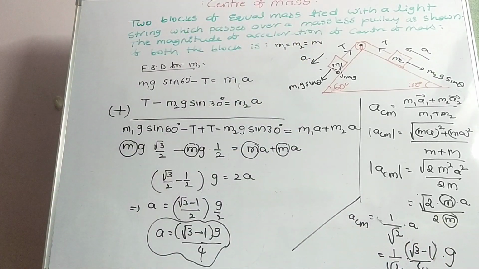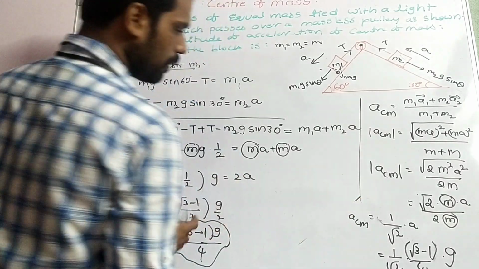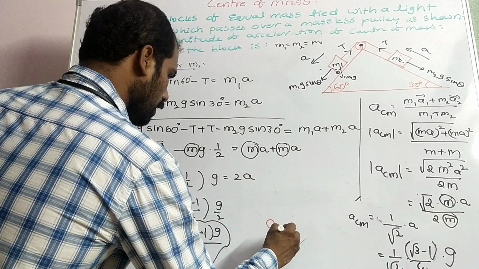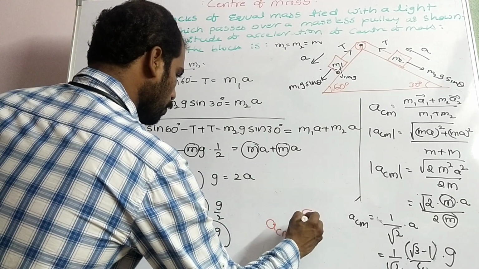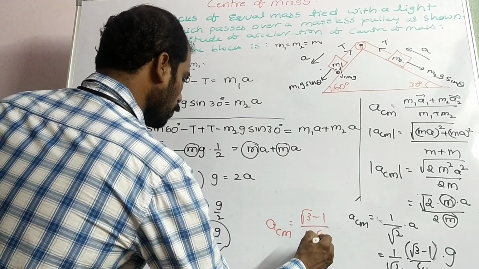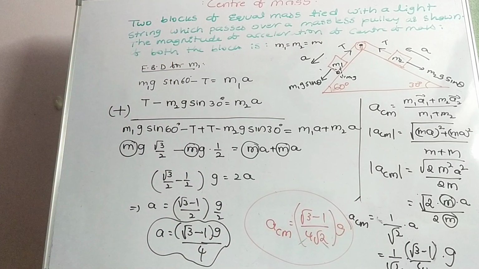So the answer is ACM equal to (root 3 minus 1) by 4 root 2 into g, the final answer. Here we have to go through the resolution of vectors.